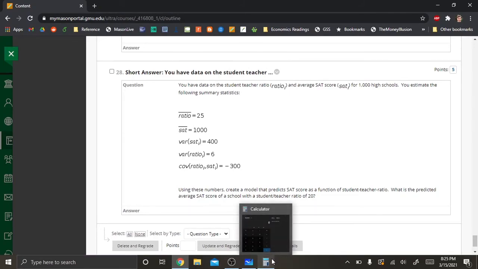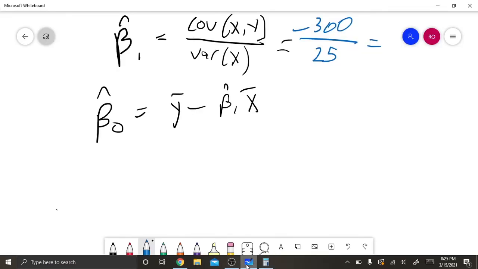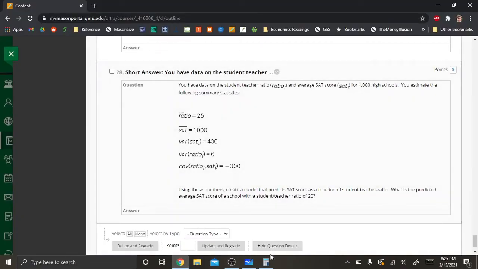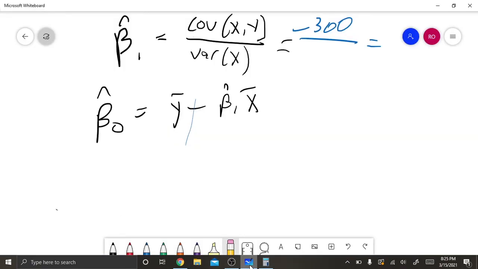Or sorry, why did I say 25? It's 6. That's the mean. Remember, we want the variance of x. Variance of ratio is 6. I was wondering why the math was not working out to the answer I knew. All right, so you divide negative 300 by 6 and you get negative 50. So that's beta 1.